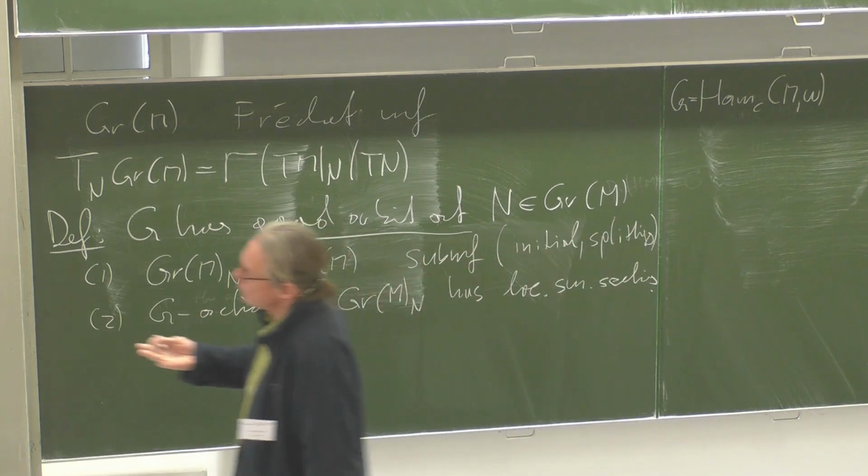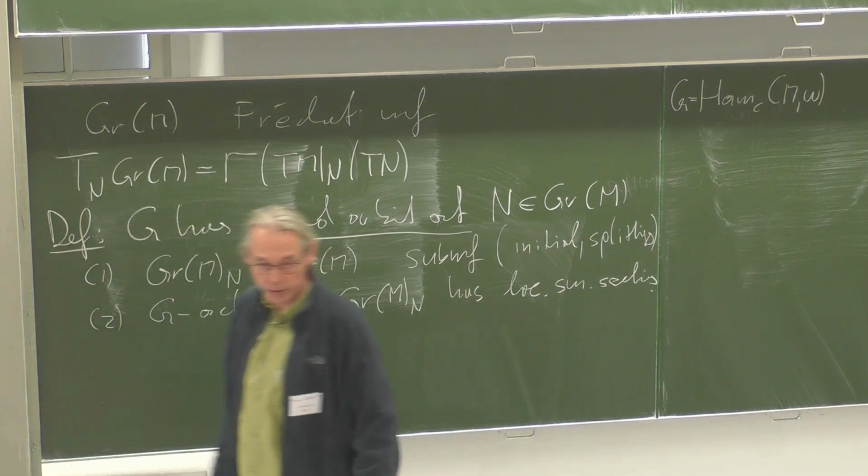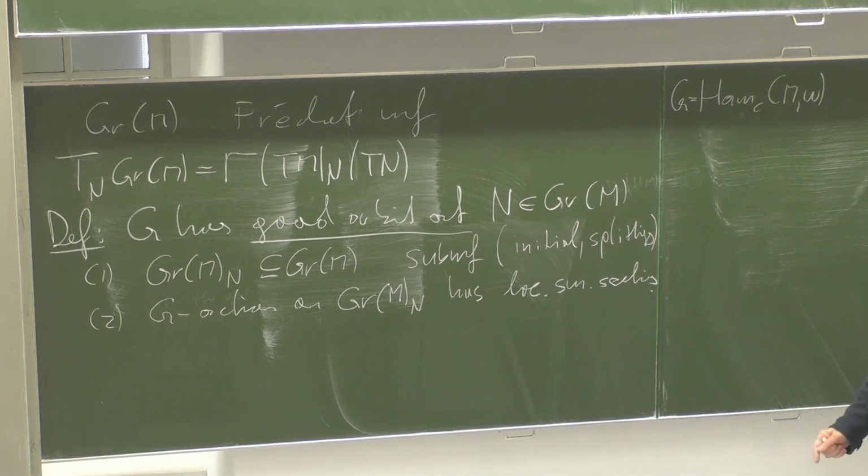First guess might be that perhaps the group acts at least locally transitively here. That's definitely not the case, because conditions like being a symplectic submanifold are certainly preserved under the symplectic group and Hamiltonian group, or being an isotropic submanifold is certainly preserved under the action of the group. So there's definitely more than one orbit.